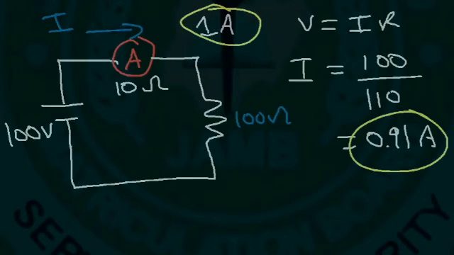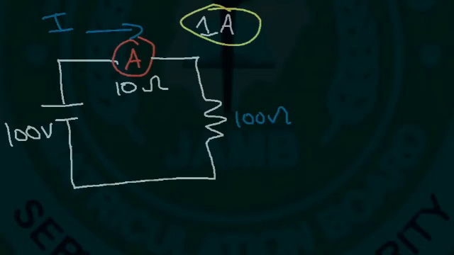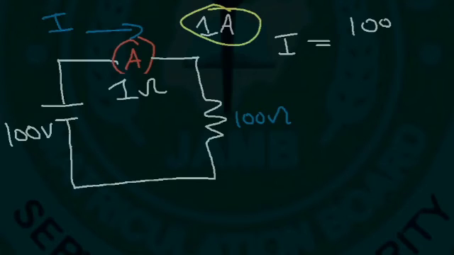Now, let's say the ammeter has an internal resistance of 1 ohm instead of 10 ohms. What current will it measure in this case? V equals IR. The current is the voltage divided by the total resistance, in this case, which is 101.